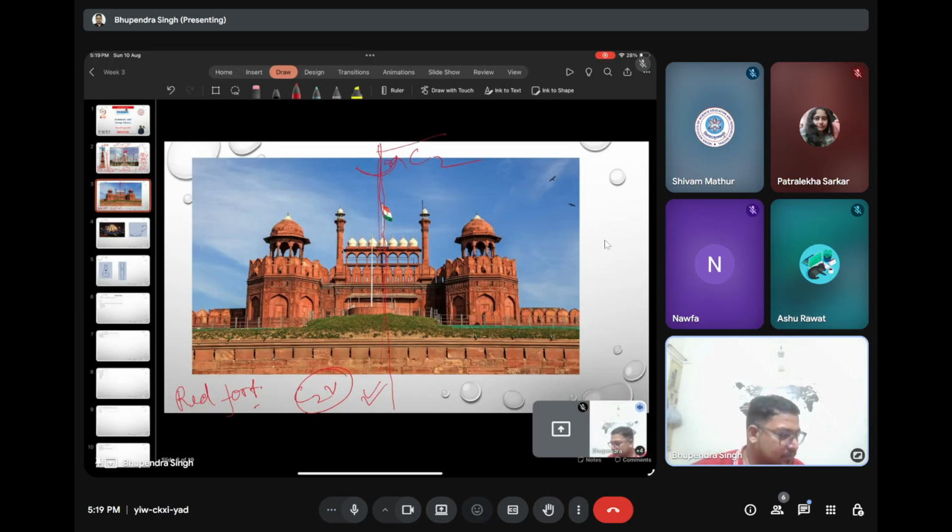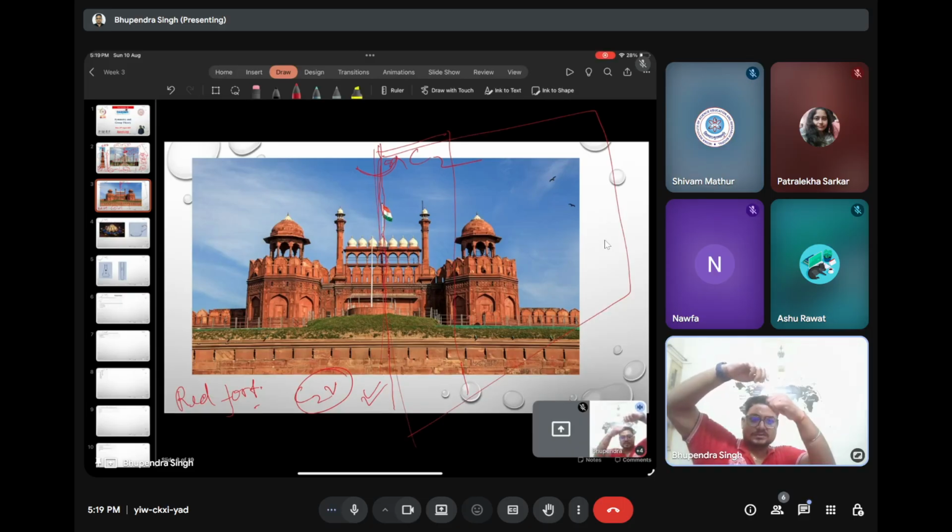You rotate like this, and this is your plane. So this is C2v. C2 is present and sigma v is present. So the point group is C2v.